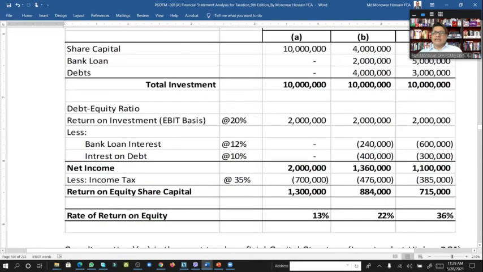And same way as calculated previously, earning before interest and tax is 20 lakh, and from there we have to pay the bank loan and debenture interest. Bank loan 50 lakh multiplied by 12% is 6 lakh bank loan interest, and 3 lakh is debt interest.